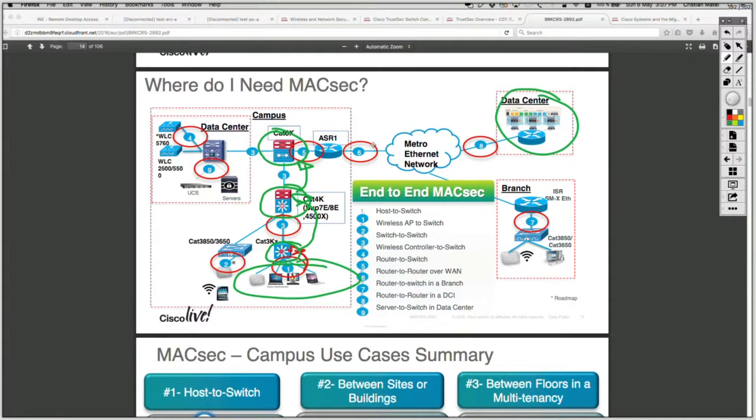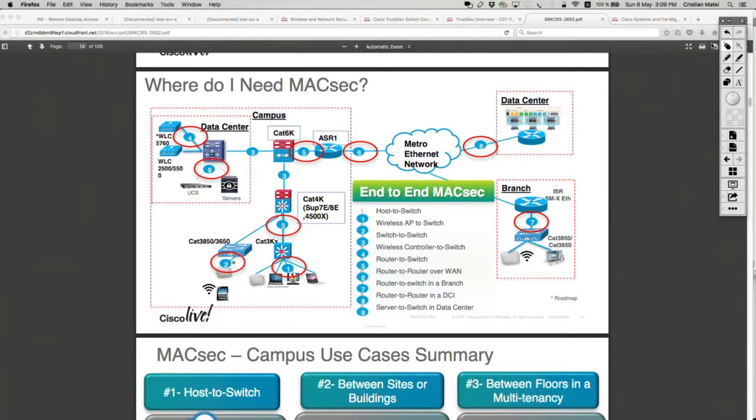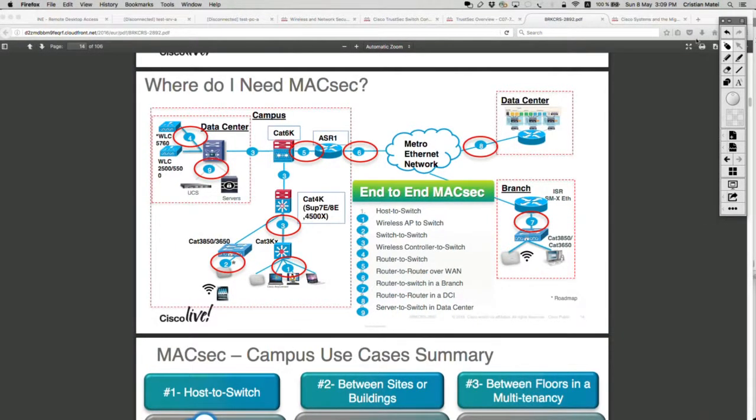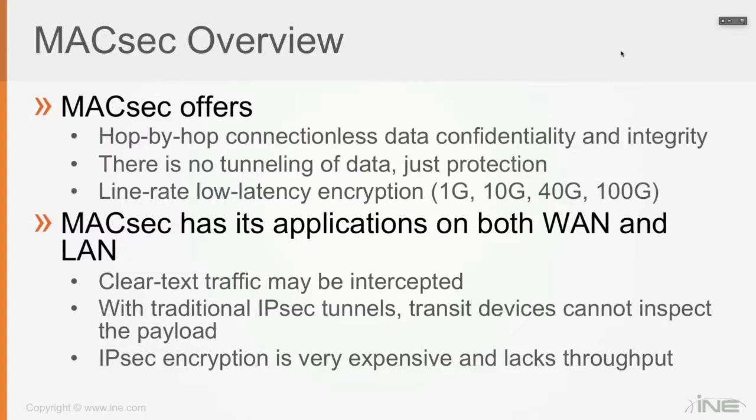So the packet is encrypted and decrypted hop by hop. The advantage of MACsec is that it is not only cheap, low latency and line rate, but it also allows the network to do application layer inspection because traffic is encrypted and decrypted hop by hop. This is just a fundamental overview of MACsec, of course.